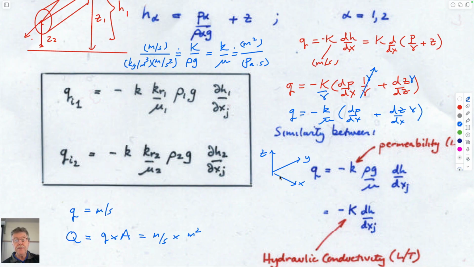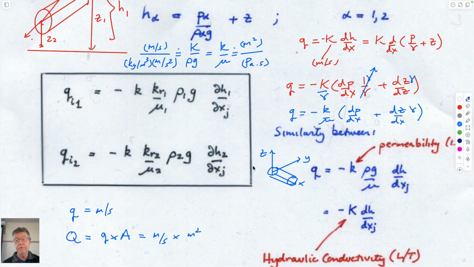So if we write this for flow in the horizontal direction, in the x direction, so this is written in terms of x, then the component of z in the x direction is 0 because they're orthogonal to each other. And so this term drops out. Don't need to worry about it.